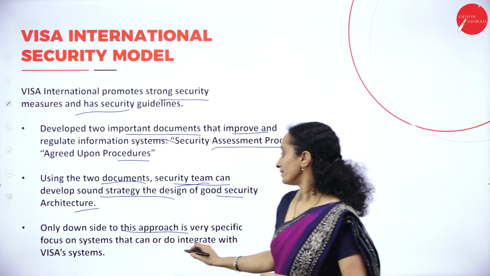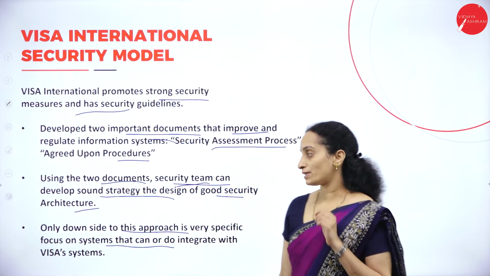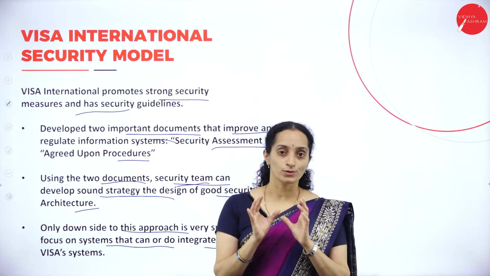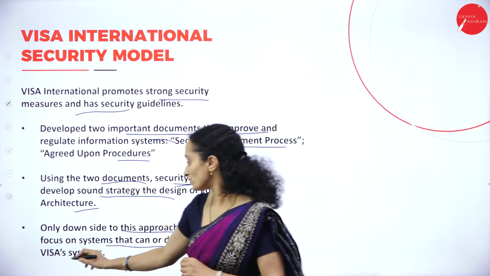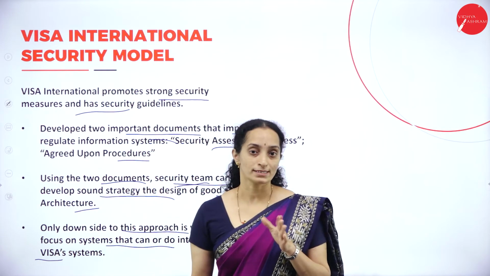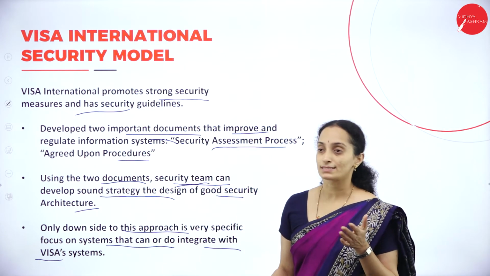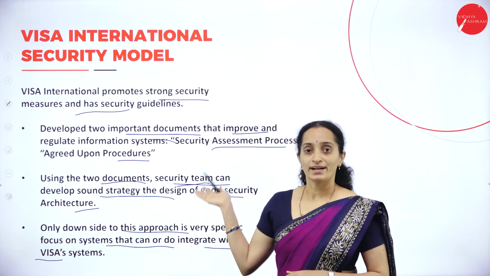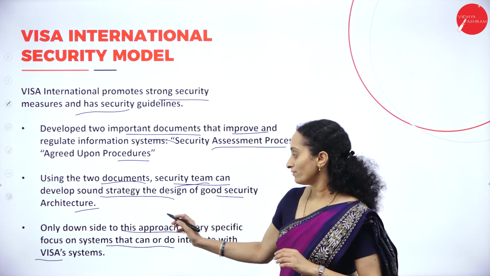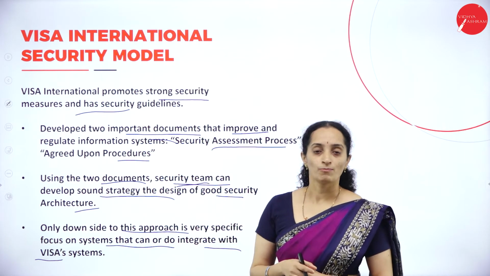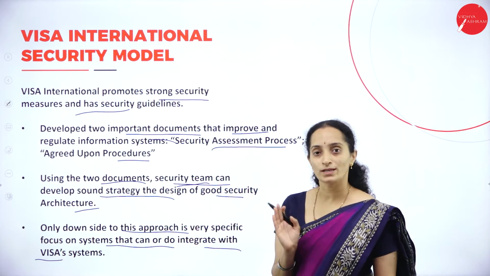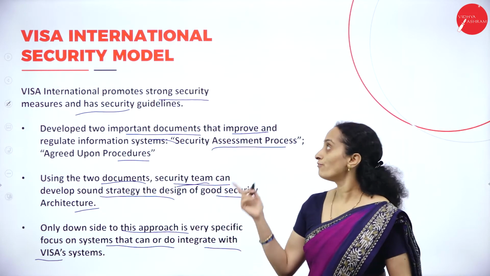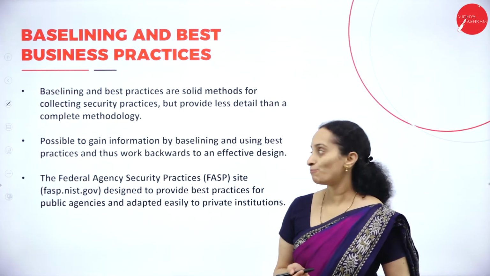They are specific only to the systems that are using this model. These models cannot be applied to all the systems which follow other security models. They comply only with the system which uses this particular model. These policies can be used only for that kind of model. This is one of the restrictions of Visa International models.